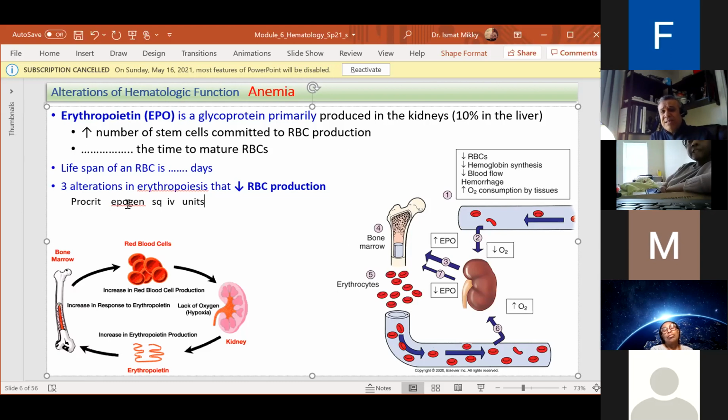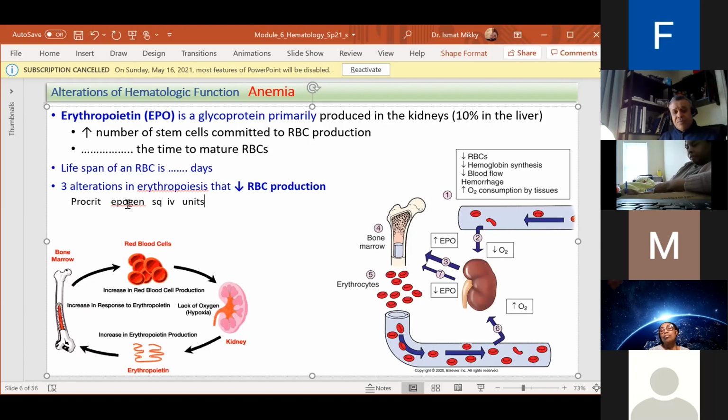Precursors means the ingredients we need for the production of RBCs, and they can be a nutritional supplement or nutritional component. For example, when we say red meat or organ meats, there is heavy presence of the iron.